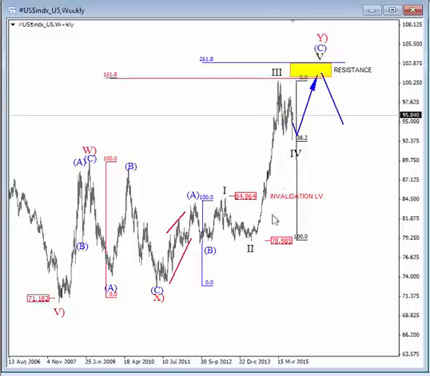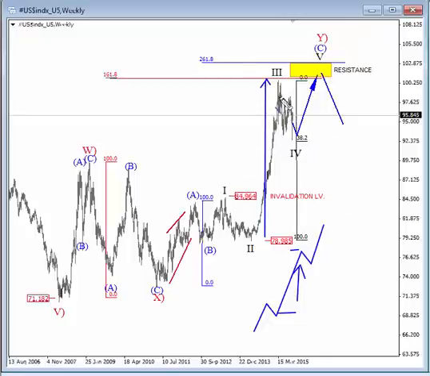Okay, now before we can identify this pullback, we must look at the previous structure. Notice that this rally from 2014 to the 2015 highs was very strong. Usually this strong move will represent wave 3 within an impulsive rise, because wave 3 is typically the strongest and most powerful wave, which definitely was this move up from the 78 figure.